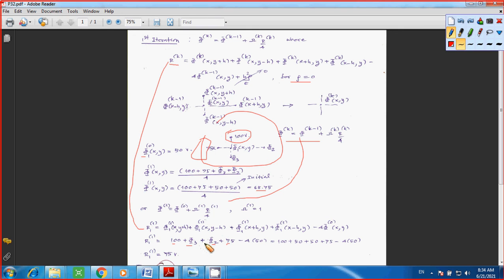And you have phi 2 and phi 3. You use phi 3 as 54, phi 2 as 54. So minus 4 of phi 1 from the 0 iteration, which is the 54. You end up with R1 equal to 75 volt.